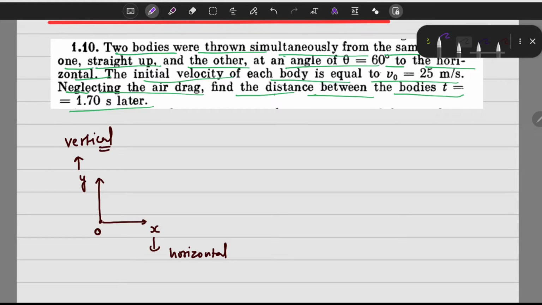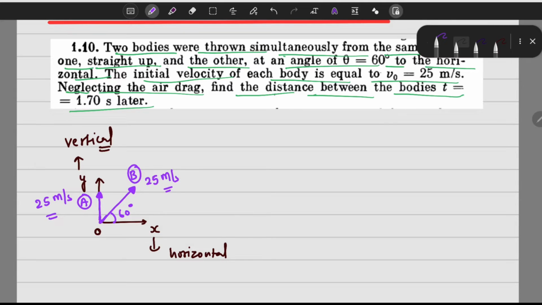From this origin one body is thrown in the upward direction, let us say body A, and another body is thrown at an angle of 60 degrees to the horizontal, let us say this is body B. Body A has a velocity of 25 meters per second and body B also has a velocity of 25 meters per second.